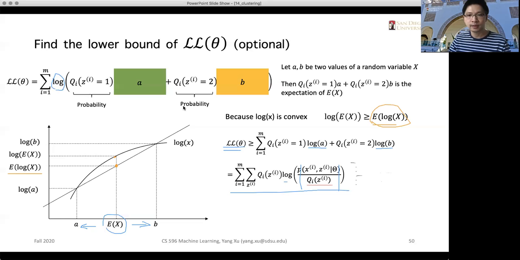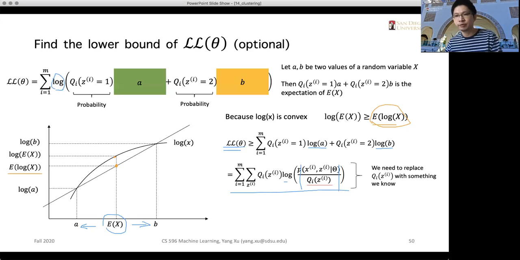Now we need to replace the Q with something we know, right? Q is something we invent, we create from nothing. So we wish to replace Q with some estimation. Okay, let's proceed on to the next slide.